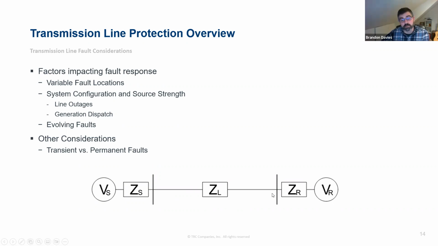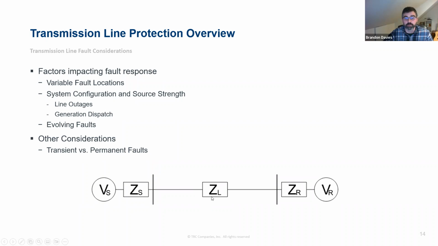And as protection engineers, we need to provide a protection scheme that will cover all of those possible scenarios, all the fault types, all possible fault locations. We also need to consider the system impacts. System configuration is going to have a big impact on the fault magnitudes that we'd see for a given fault.